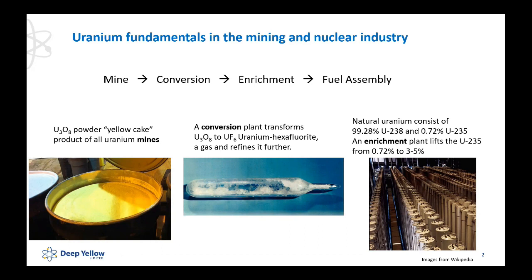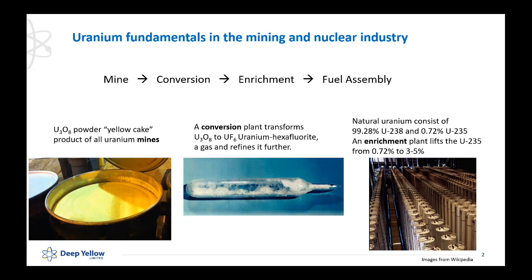What needs to happen then is a conversion, and it will be converted to UF6, uranium hexafluoride. And the beauty of that is above 55 degrees, it's a gas. In this cylinder here, that's the condensed version of it.